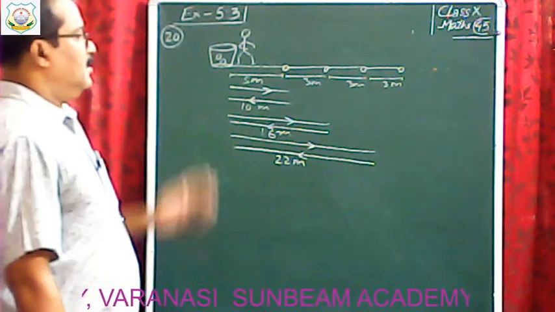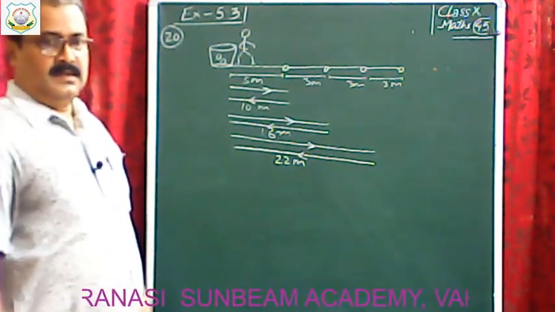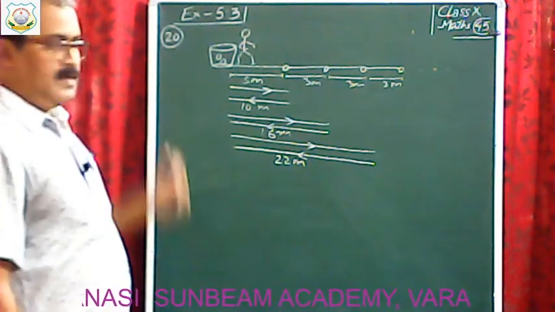In this way 10 potatoes are there. The total distance covered by the competitor we have to find out.